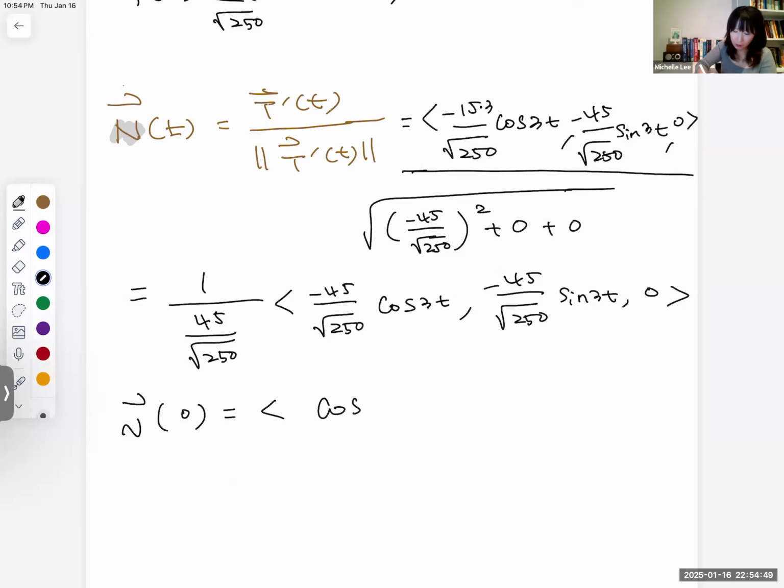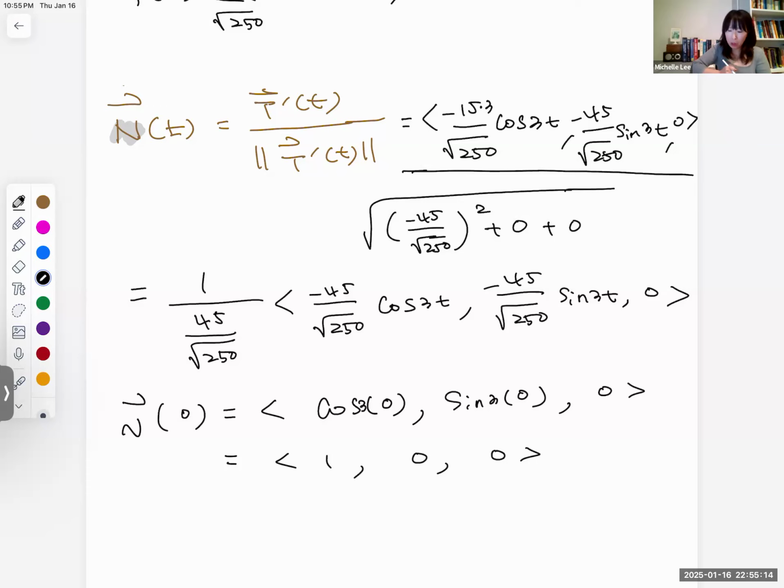So we get cosine 0 and sine 0 and 0. So we get 1, 0, 0.